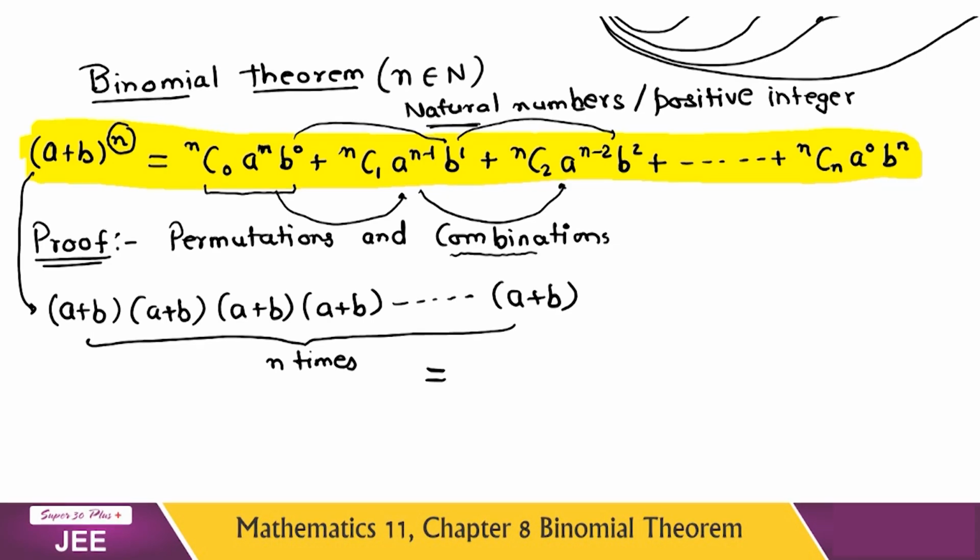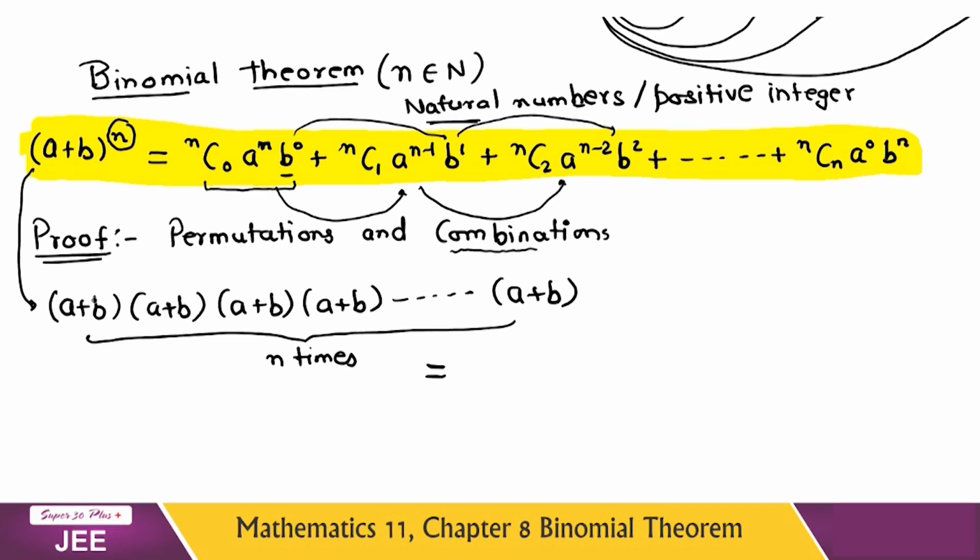Now, b^0. b^0 means if I am going to multiply each and every term with each and every bracket, how am I going to get b^0? b^0 means no b. It means we don't want any b from these brackets. There are n brackets. So how can I do this?